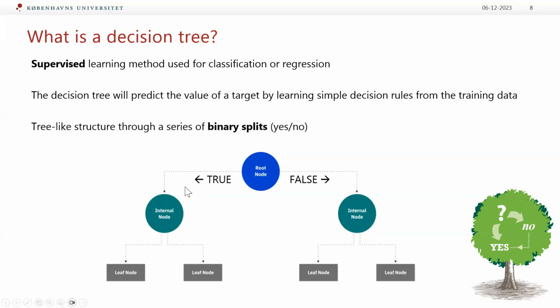Then we have the internal nodes where, again, we ask yes or no questions to divide the data into further subsets. And then at the end, we have the leaf nodes where we no longer divide the data into subsets, either because they have become completely pure or because we have reached some other stopping criterion.